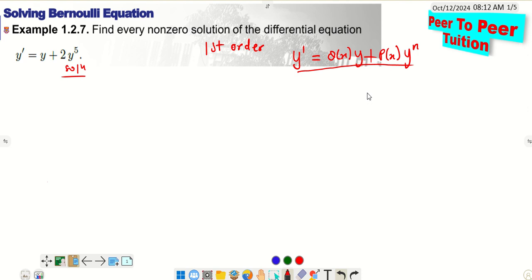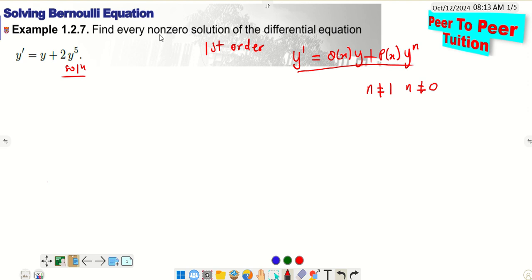But let's take note that n should not be equal to 1 and n should not be equal to 0, because if n is equal to 1, then it ceases to be nonlinear.